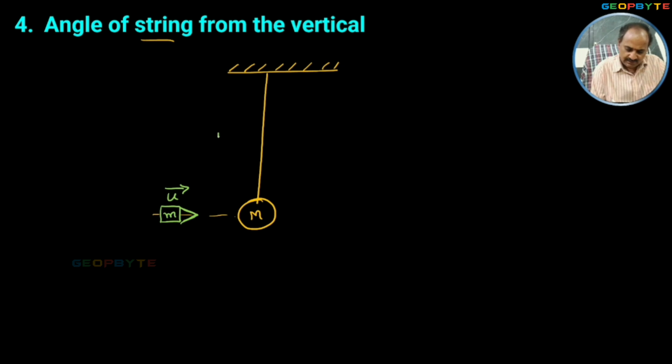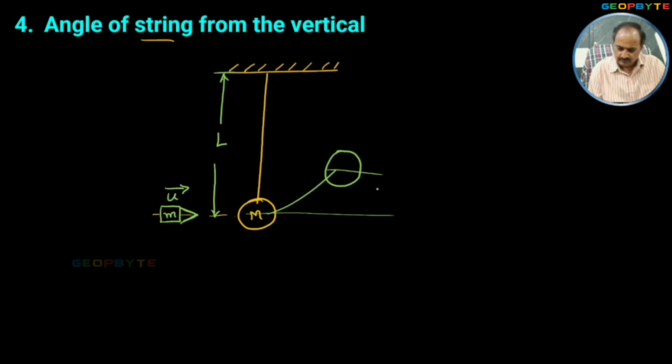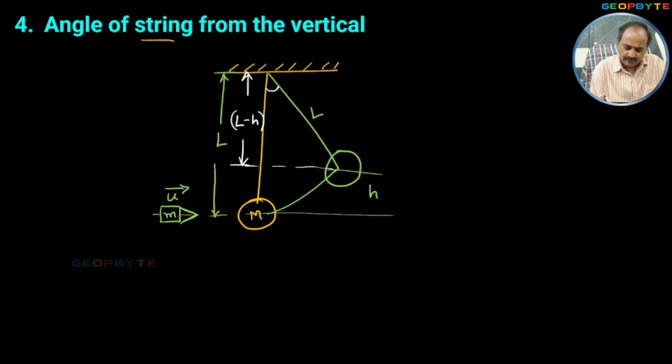This is the length of the string. Then the combined system is moving to a height h. This is the length of the string, then the remaining part represents L minus h. Okay. The whole unit is making an angle theta with respect to vertical.